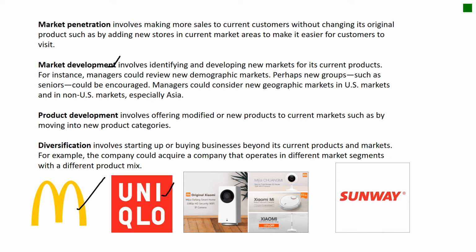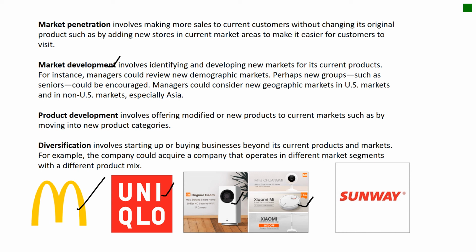So this particular strategy is called market development. And the third one is product development. It involves offering modified or new products to current markets, such as by moving into new product categories. The best example here that I'm showing you right now is Xiaomi, where they have different types of products. They have an HD security camera, and then they have fans, vacuums, and so on.